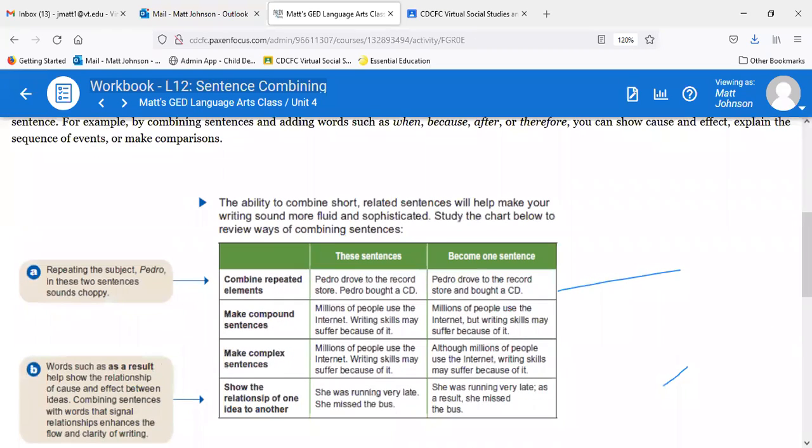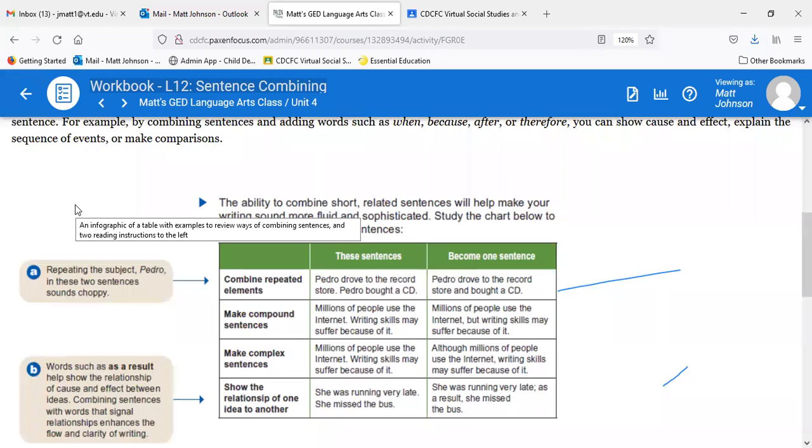So here, right, so combine repeated elements. Like we talked about with pronouns, we can eliminate the use of those over and over again. So, you know, these sentences here, it says Pedro drove to the record store, Pedro bought a CD. Talking about Pedro, so we could put those sentences together because he is the subject in both cases.